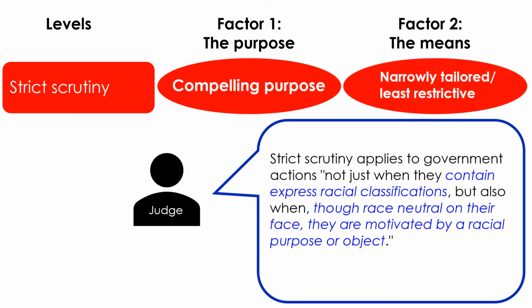We've learned earlier in this video that any policy that discriminates on the basis of race will trigger strict scrutiny. A policy that is officially neutral can also trigger strict scrutiny. In this case, the judge argued that strict scrutiny applied to government actions not just when they contain express racial classifications, but also when, though race-neutral on their face, they are motivated by a racial purpose or object.